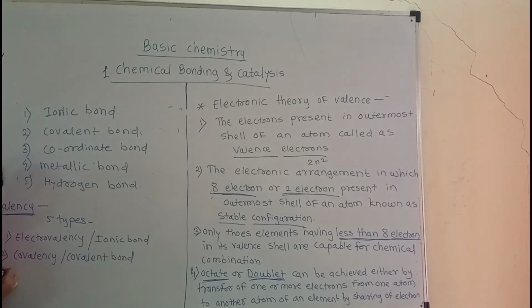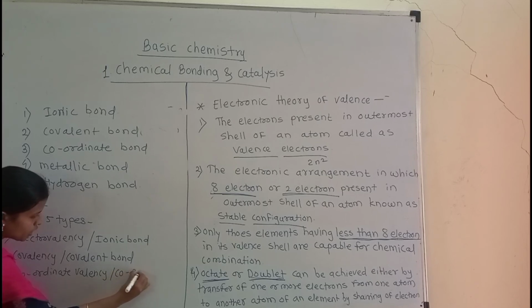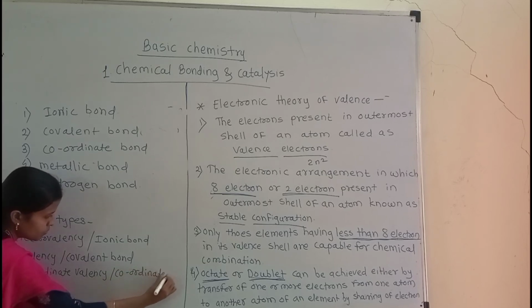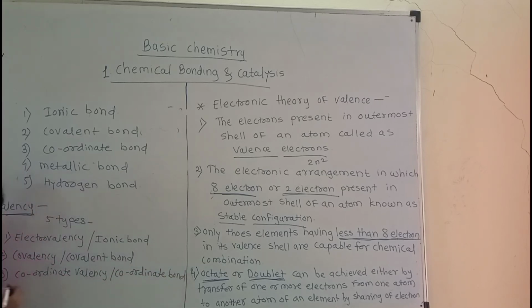The third type is coordinate valency, also called the coordinate bond. The fourth type is the metallic bond or metallic valency. And the last one is the hydrogen bond.